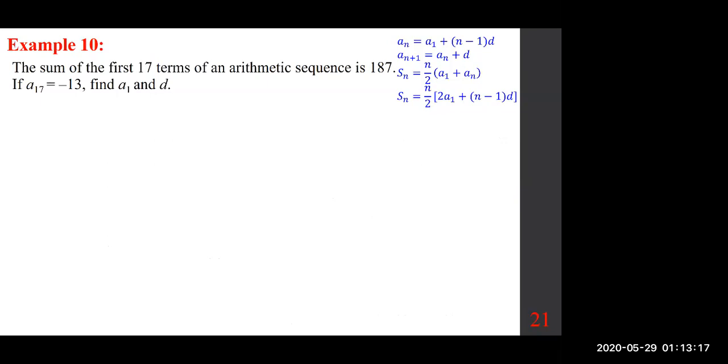So we have the sum of the first 17 terms given to us as 187. a sub 17 is also given to us, and we are to find a sub 1 and the difference. So we can start with this formula.